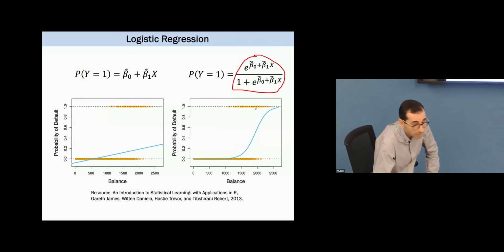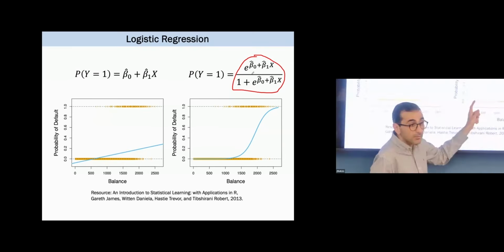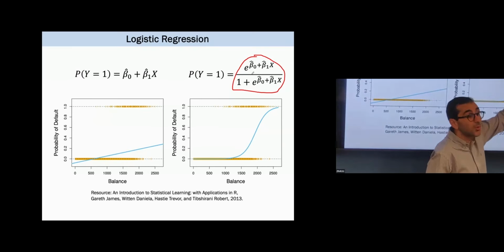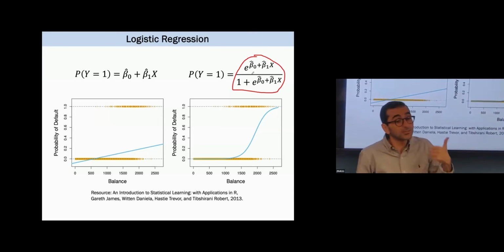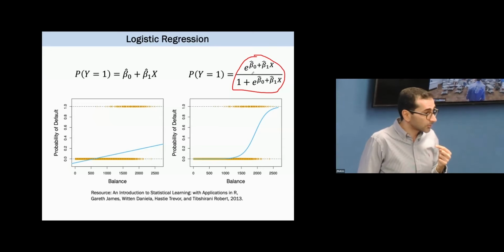If you apply that function, then the model will have the following format. You're going to start from 0, and then gradually go up to 1. We can use that function to model the probability, and this is what we call the logistic regression.